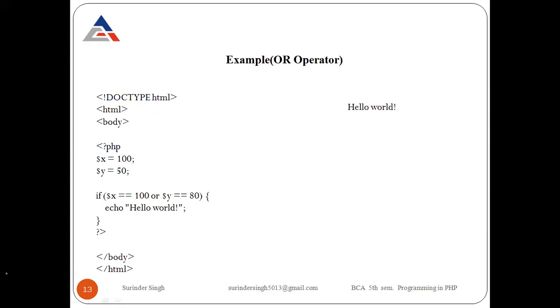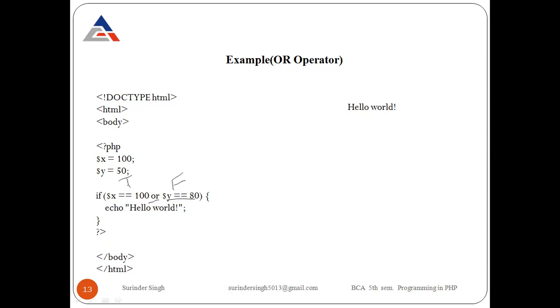Clear? And next is an example of the OR operator. Here x has value 100 and y has value 50. Here we are checking if x equal 100, it will return true. And here we are checking if y equal 80, it returns false because y has value 50.